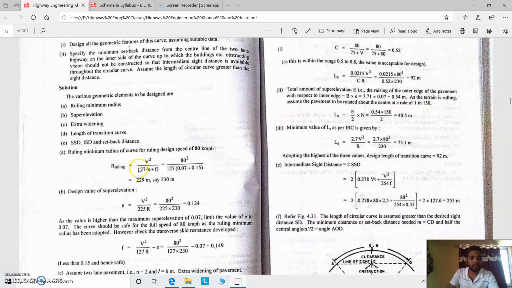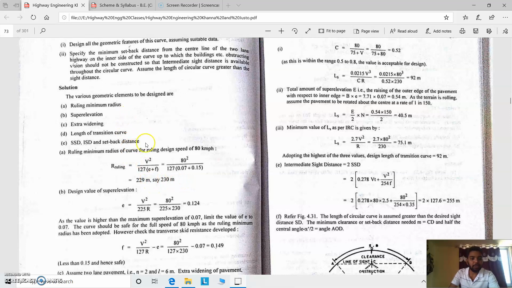So here r is v square by 127 into e plus f. e is 0.07, that is its full value. f is 0.15, the lateral friction, because it is considered from the super elevation formula. So we get 229 meters, say 230 meters rounded off.